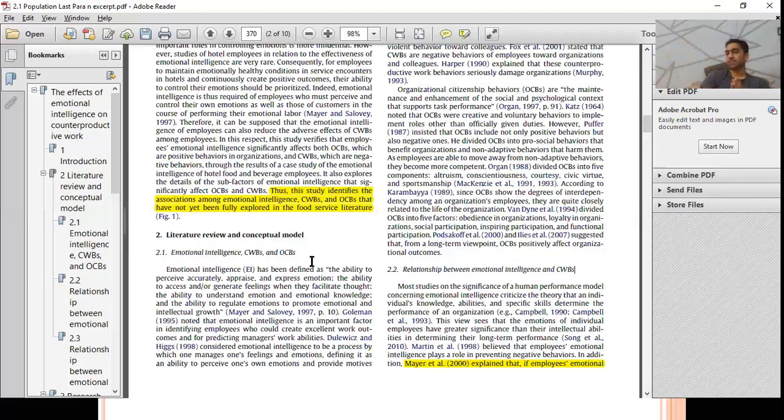This study was significantly novel because this relationship had never been investigated in the service industry, or more particularly in the hospitality sector. That population is what makes the model so significant. So that's why he attempted to explore this relationship which was already established.